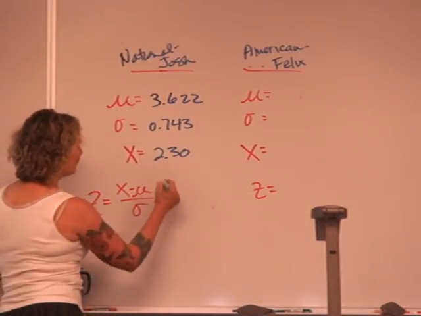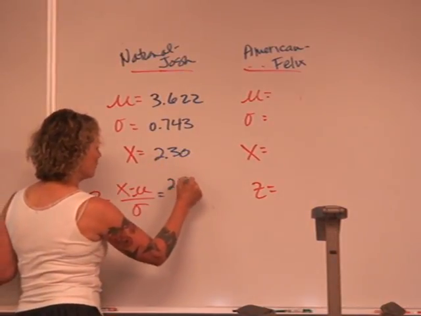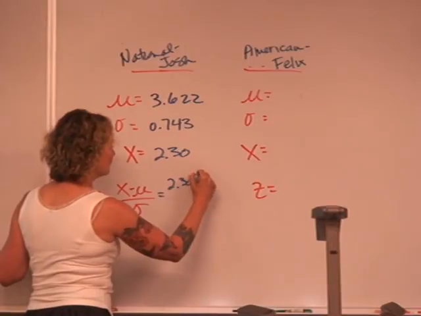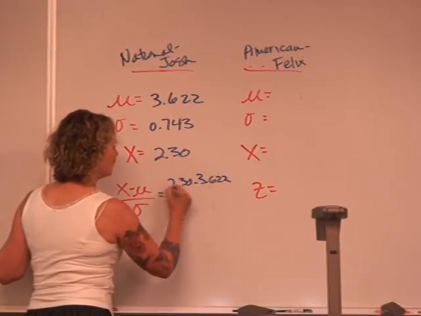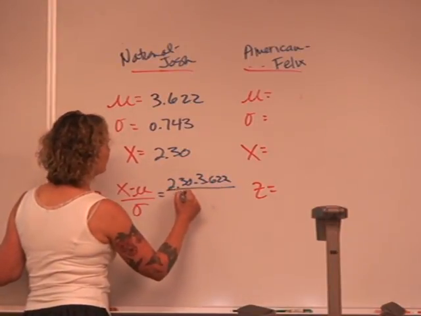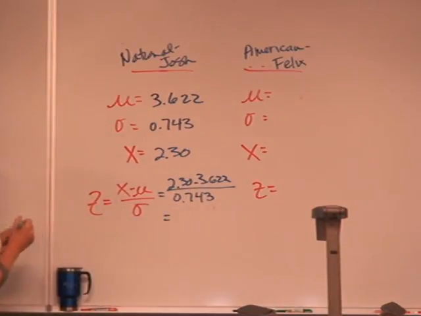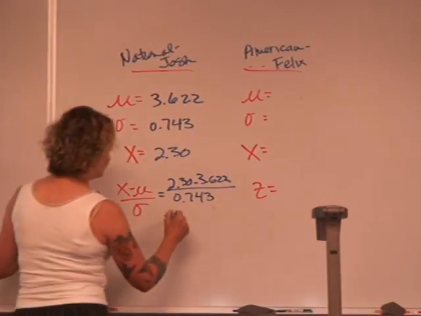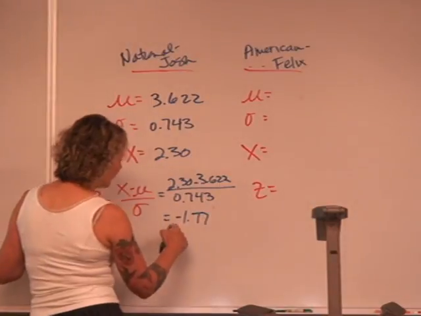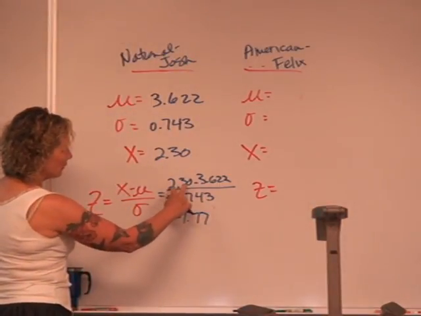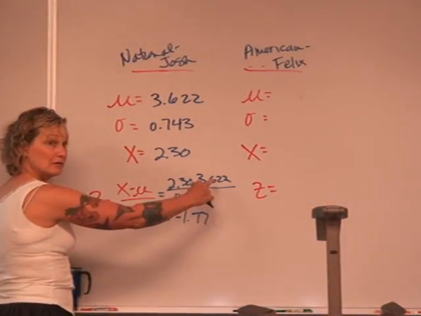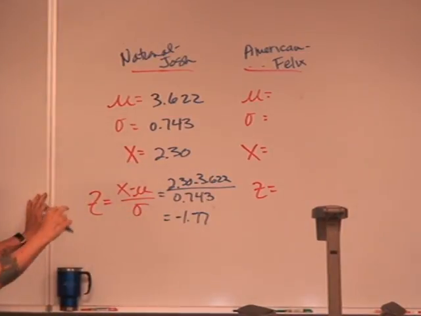Okay, so we take his score, subtract the mean, divide by standard deviation, and what do we get? Negative 1.77? Cool, thank you. Now note, negative because his ERA is below the mean. Everybody good? Okay, cool.